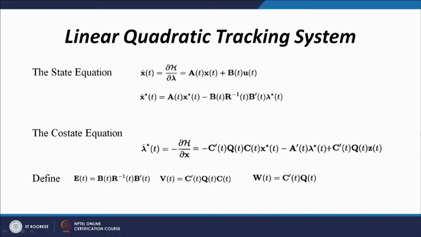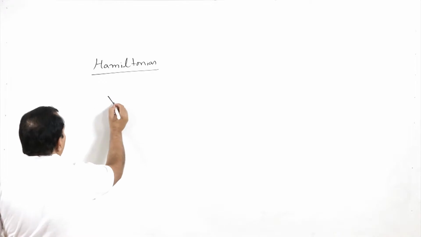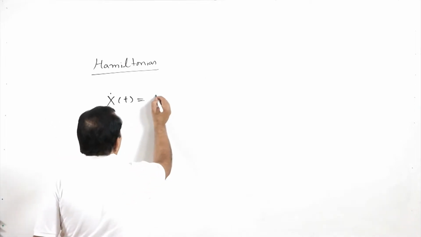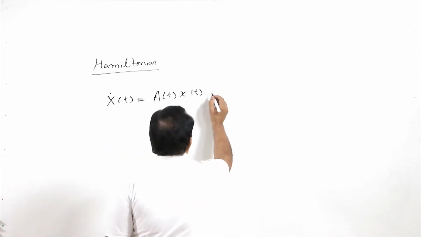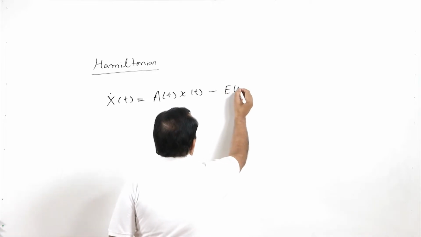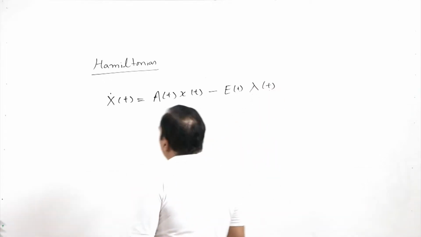I can see in the co-state equation my Z term is appearing. So, here we consider E as B R inverse B prime, this means B R inverse B prime I am writing as E. So, my state equation I can write in the form of x dot t as A t x t minus E t lambda t.